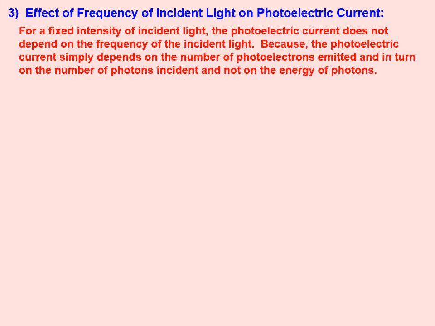Now the effect of frequency of incident light on photoelectric current. For a fixed intensity of incident light, the photoelectric current does not depend on frequency of incident light, because the photoelectric current simply depends on number of photoelectrons emitted and in turn on the number of photons incident and not on the energy of photons.